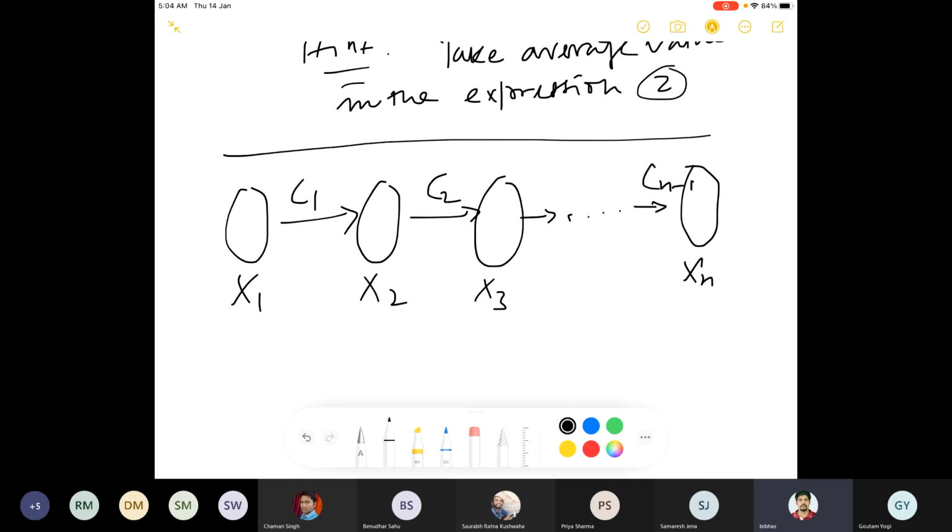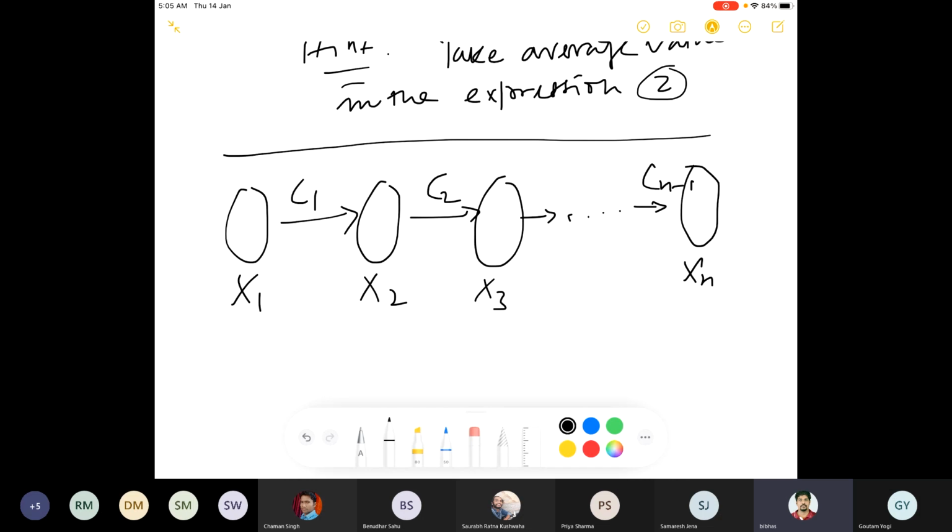Output of C1 depends on the input x1. Output of C2 depends on the input x2. So ultimately we can say that output of C2 depends on the input of C1. The question is, how would they be related?